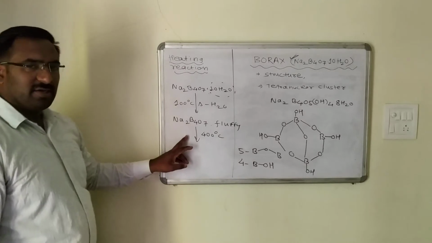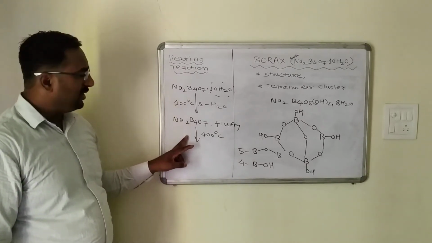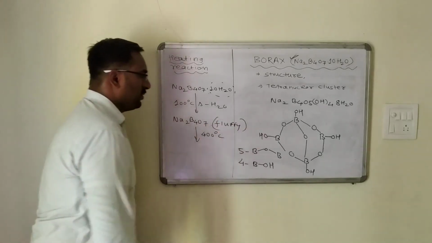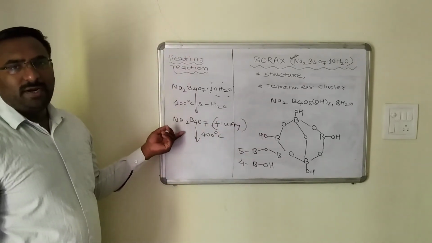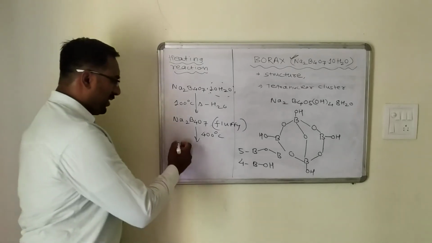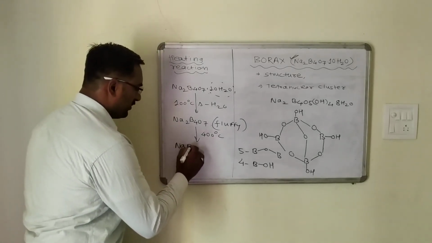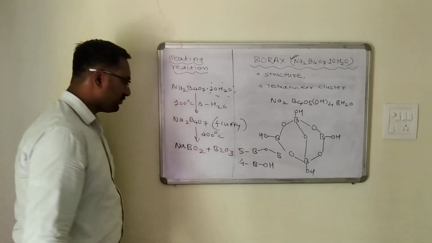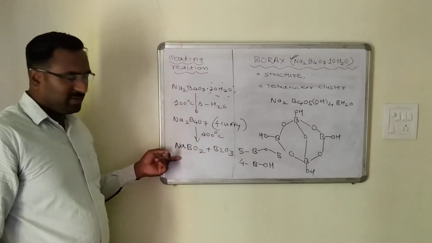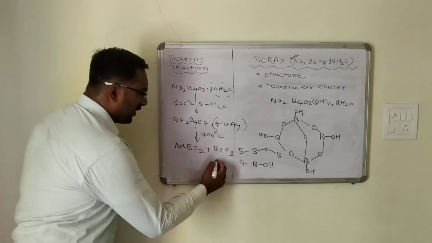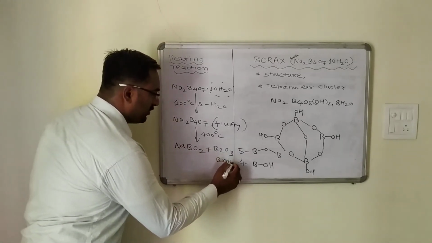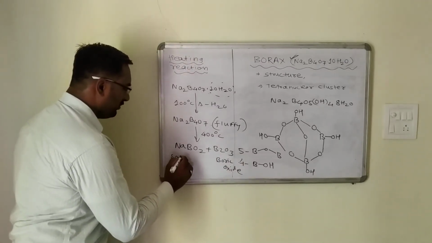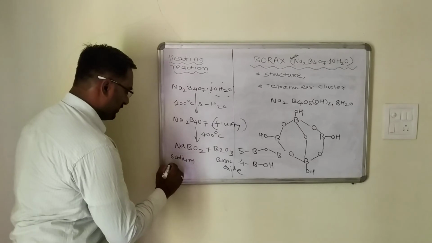When we heat strongly at near about 400 degrees centigrade, this anhydrous fluffy sodium borate is converted into sodium metaborate, NaBO2, plus B2O3. This is sodium metaborate, and this is boric anhydride or boric oxide.